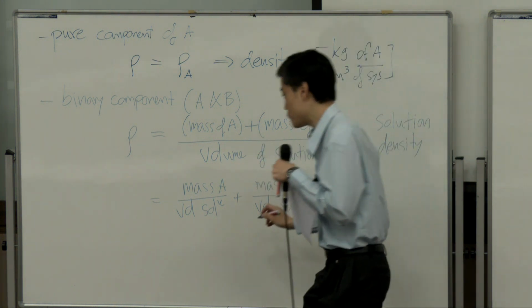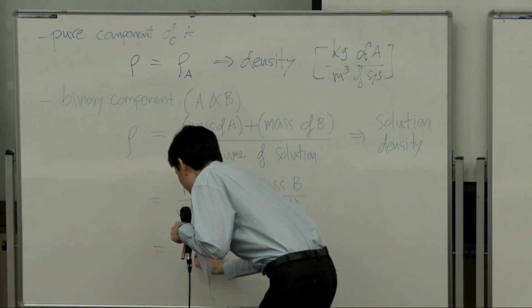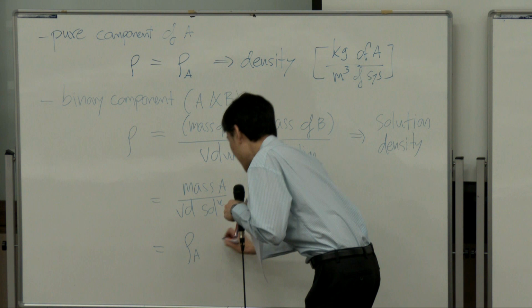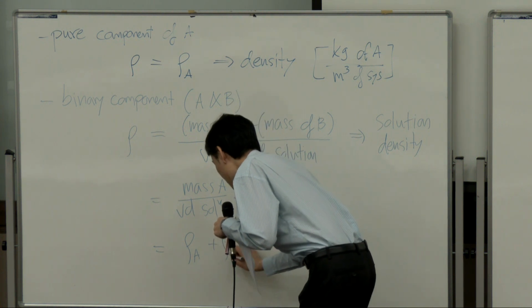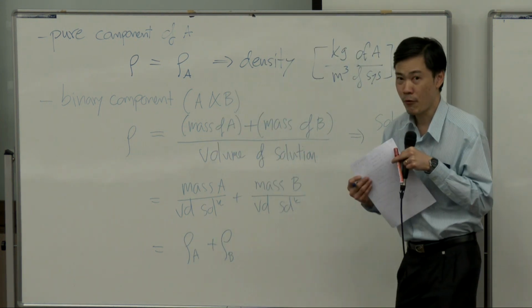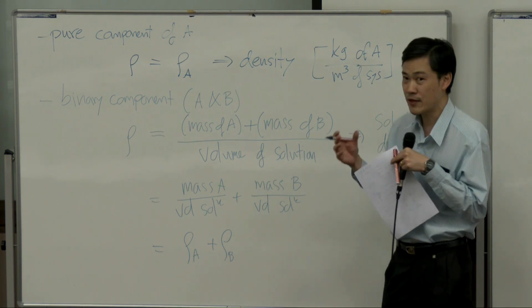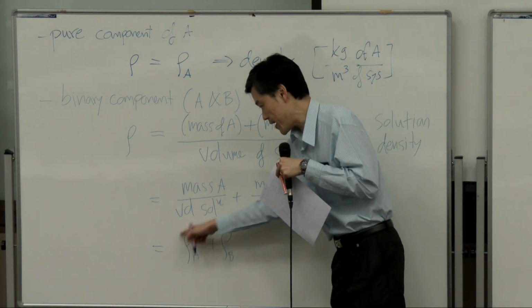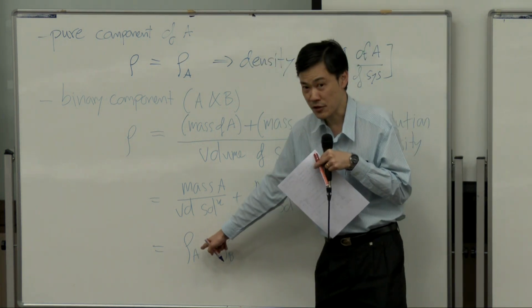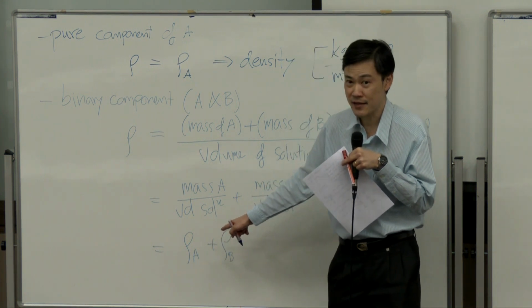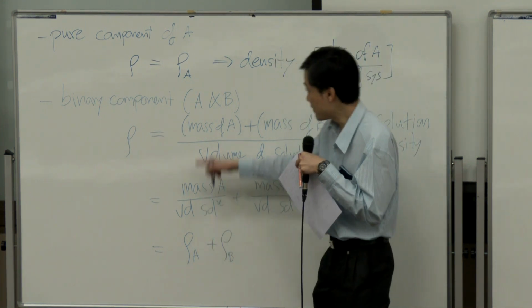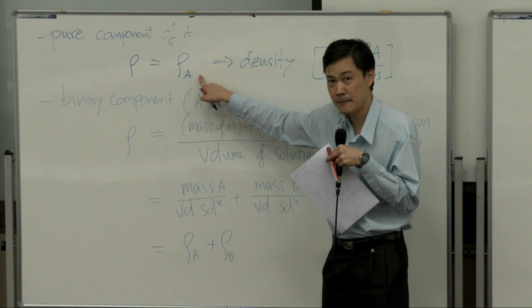So I would say this one is called rho A, and the second term is called rho B. The point is, now you have to understand that this rho A in the solution is not the same. It is different than this rho A.